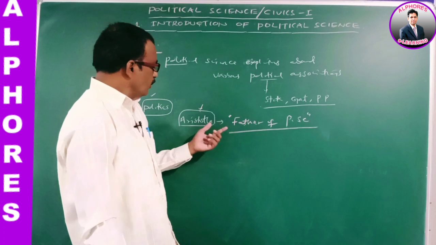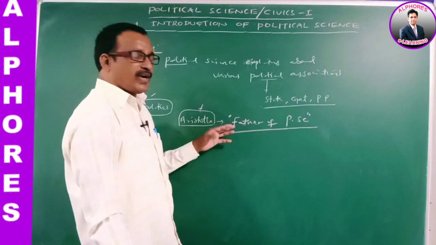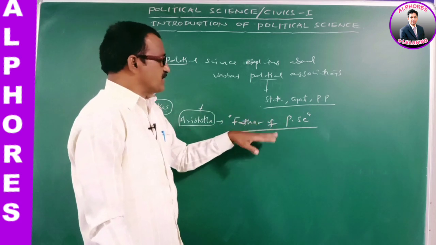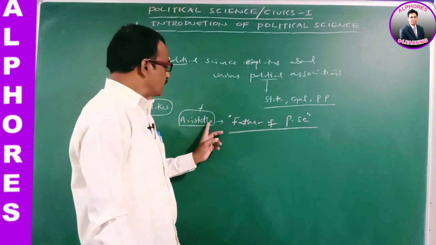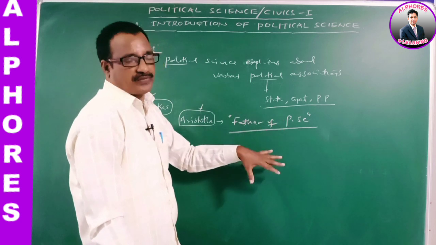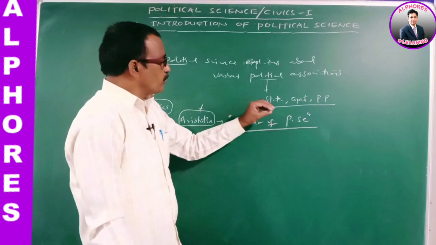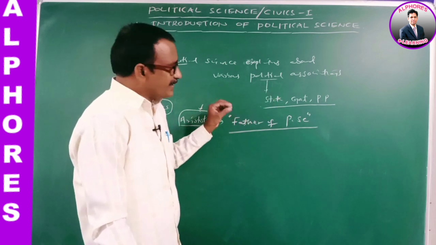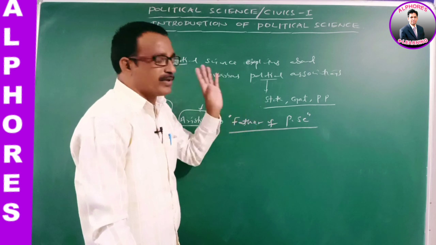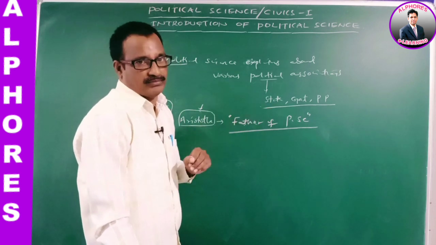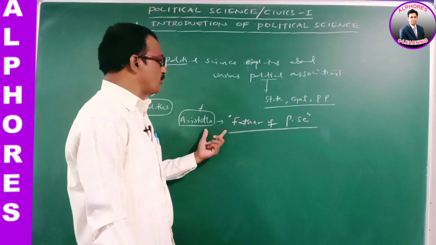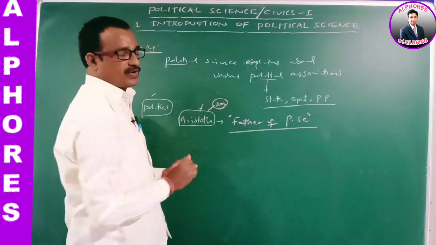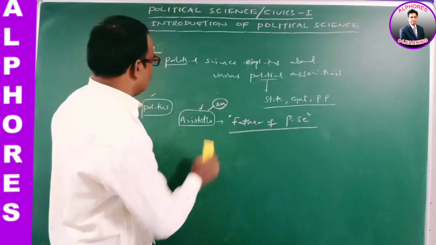Because Aristotle separated the political science from philosophy. At first, political science was a part of philosophy. He separated the political science from philosophy and developed political science as an independent subject. And he studied political science systematically, in scientific way. Hence, he was called as a father of political science. So it is one of the important two marks topic in our political science.